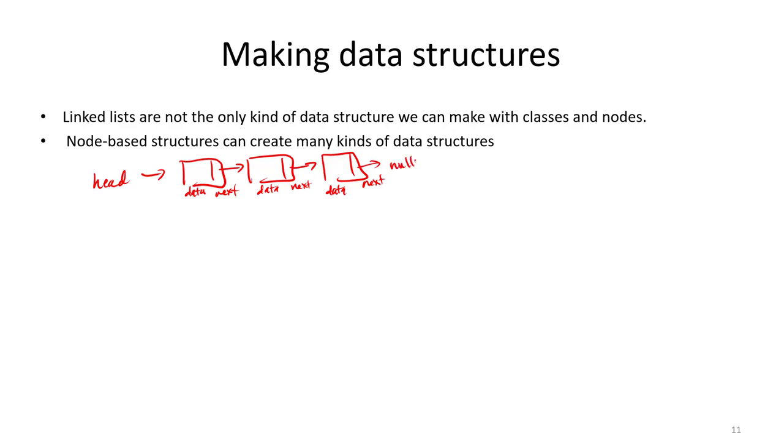And then we finally end with our list pointing at a null pointer. And we talked about how this particular data structure is useful if we want to store a list of values, but this is not the only kind of data structure we can make.